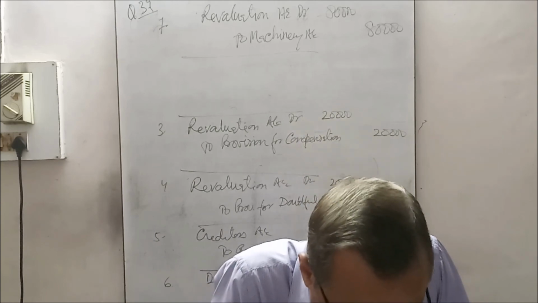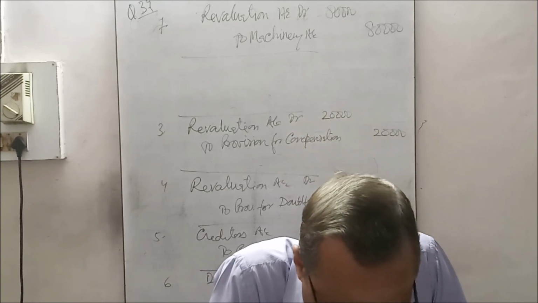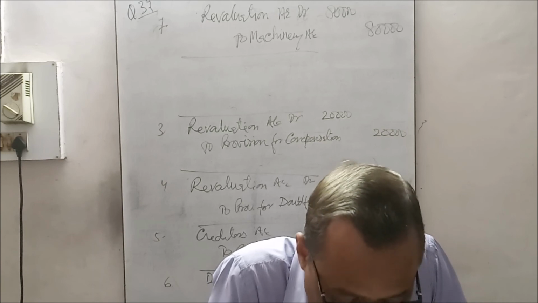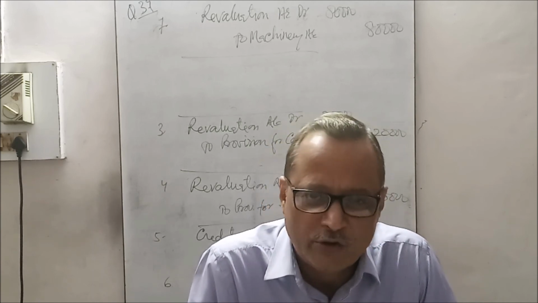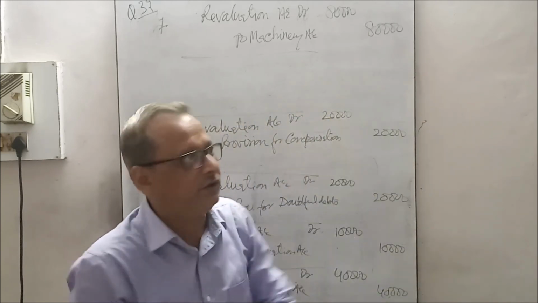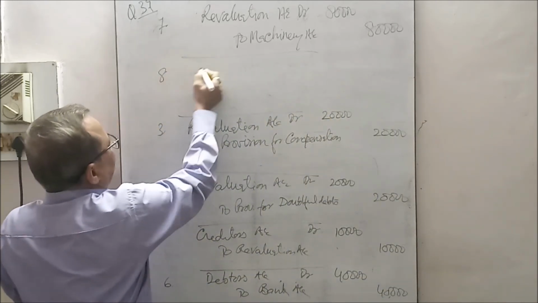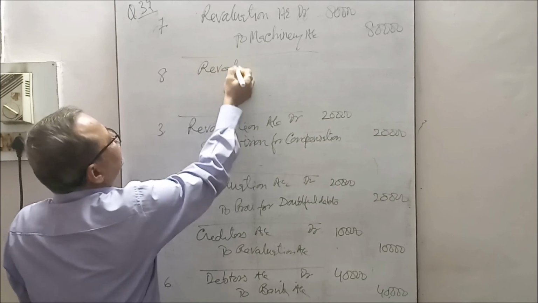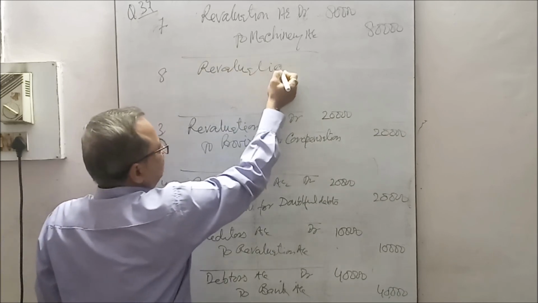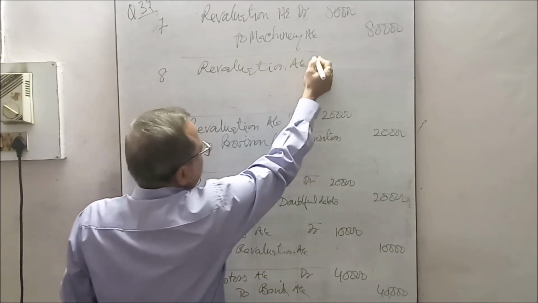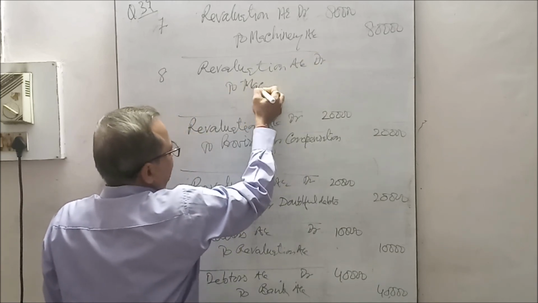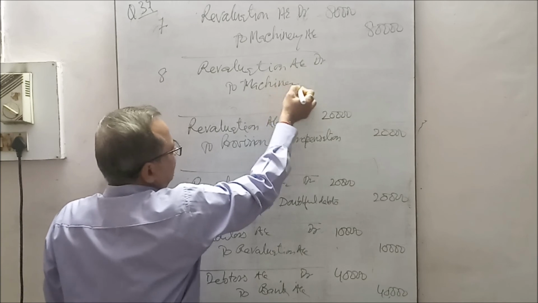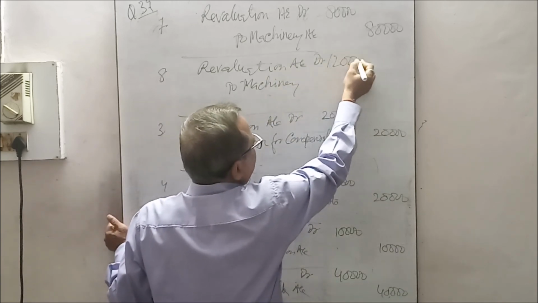And last is value of machinery is to be decreased by 1,20,000. Here it is written by, so it will be reduced by 1,20,000. For the 8th entry, revaluation account debit to machinery, 1,20,000.